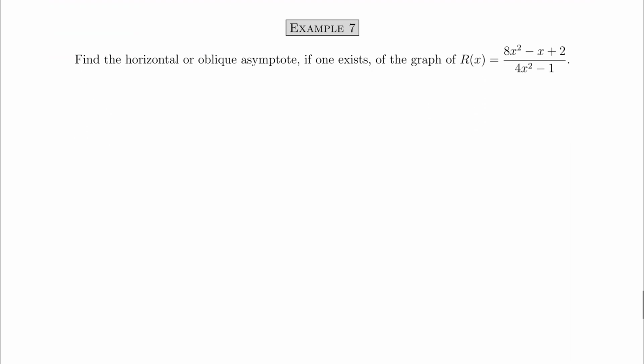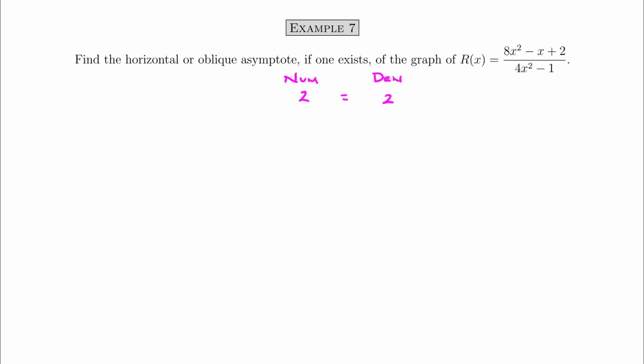With example 7, we note that the degree of the numerator is 2. The degree of the denominator is also 2. So these are equal to one another. And when you refer back to the red box, 2 pages up on page 5, where it talks about finding horizontal and oblique asymptotes, note number 2 indicates that if the degrees are equal to one another, then we simply use a ratio of the coefficients.